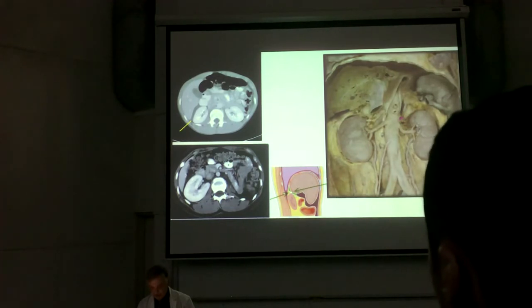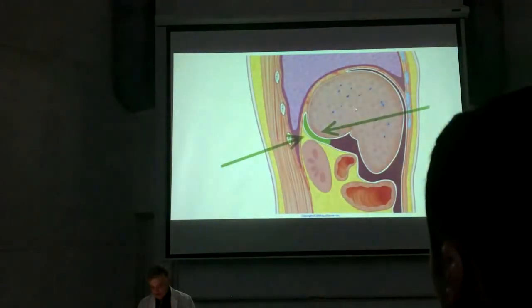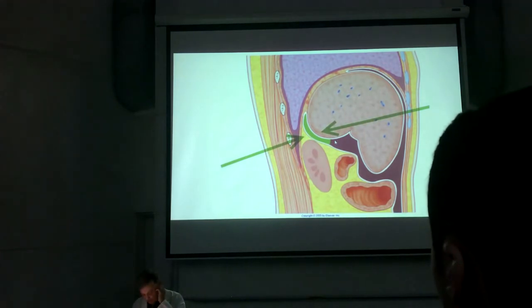This is Morrison's pouch, and it is between the right kidney and the liver. This is the right kidney, this is the liver. If fluid comes here, then it is hard for the doctor to take out.